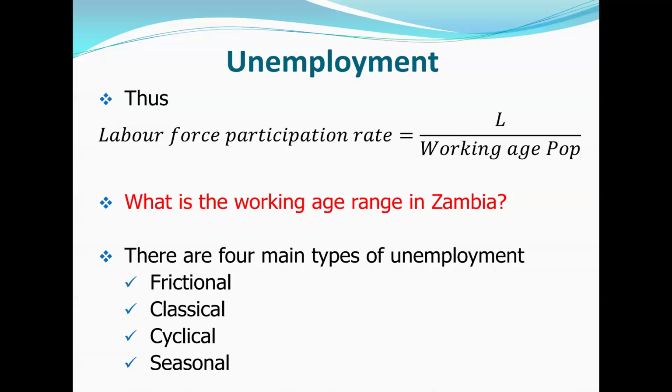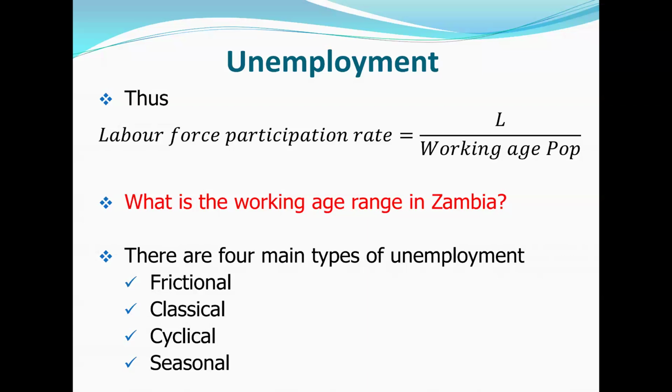Seasonal unemployment is unemployment that happens seasonally. For example, during rain season, people would want to employ others to help them work in the field.